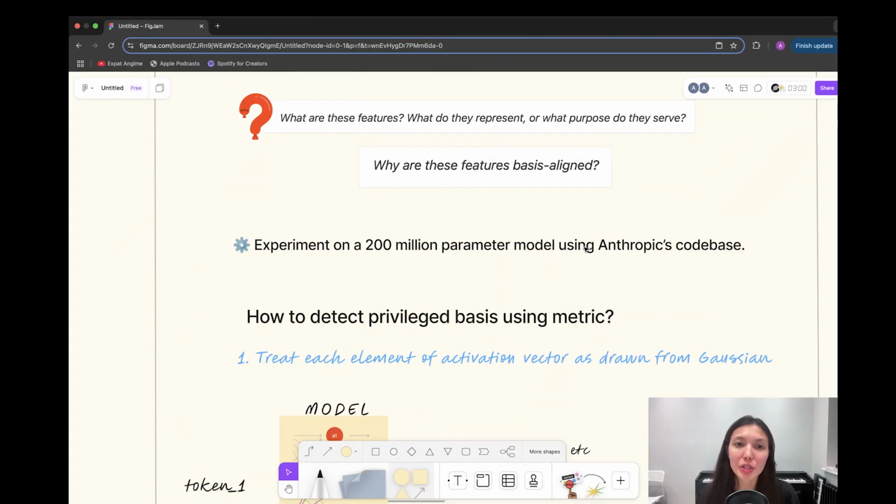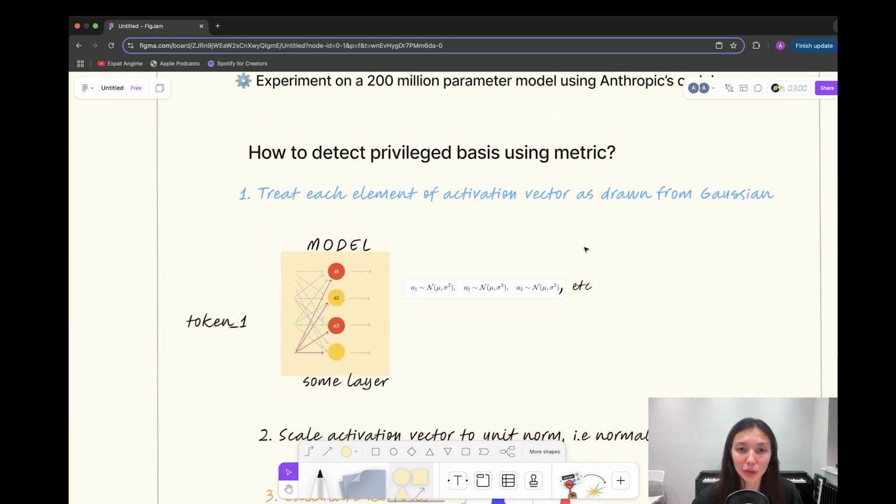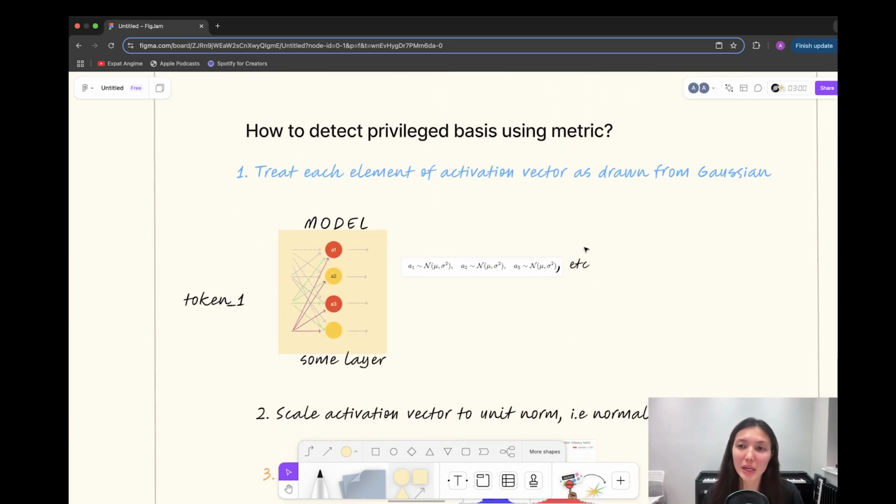To answer these research questions, the team at Anthropic conducted experiments using their own 200 million parameter model. And first, they suggested using a metric to detect outliers in an activation vector. The reasoning was the following. If we think of activation vectors as a random direction, then every element of this activation vector is drawn from an isotropic Gaussian, followed by normalization to a unit vector.